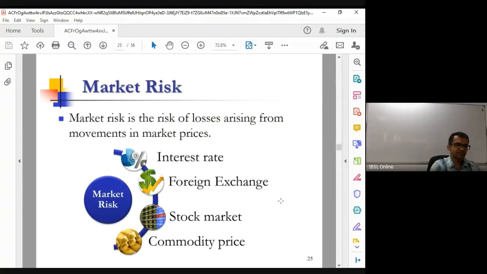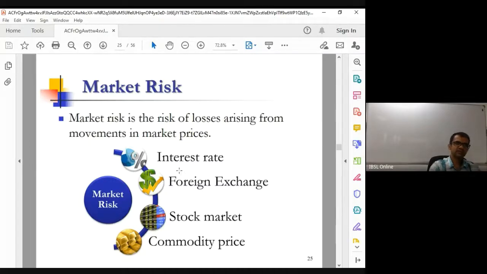Basically, there are four major variables that lead to change in market prices. Most financial assets or financial liabilities are sensitive to interest rate, so market risk can arise. That means the price of a financial asset can change due to a change in interest rate. Therefore, we call that interest rate risk.